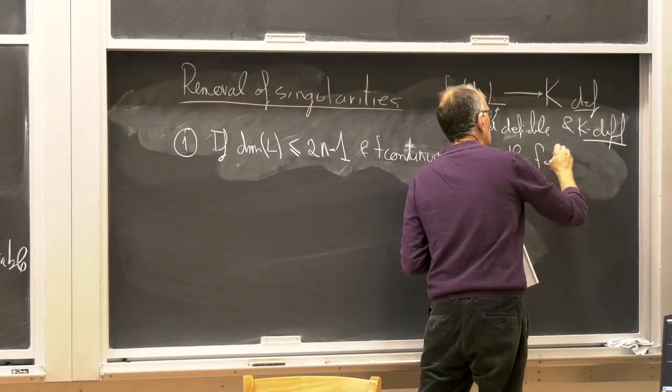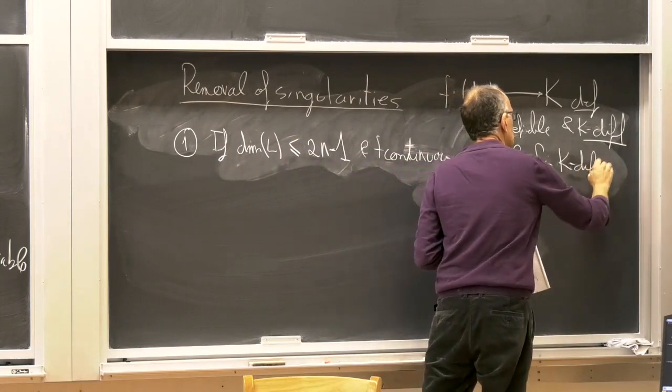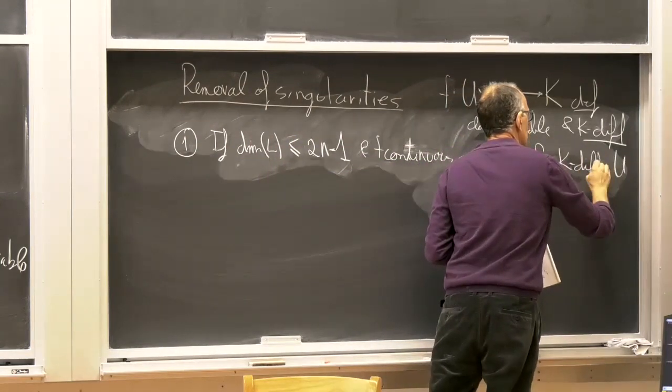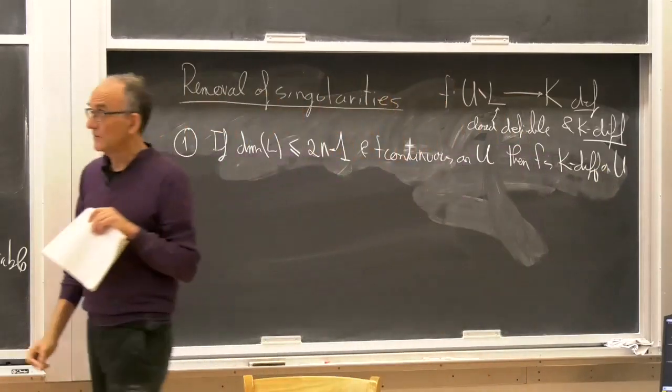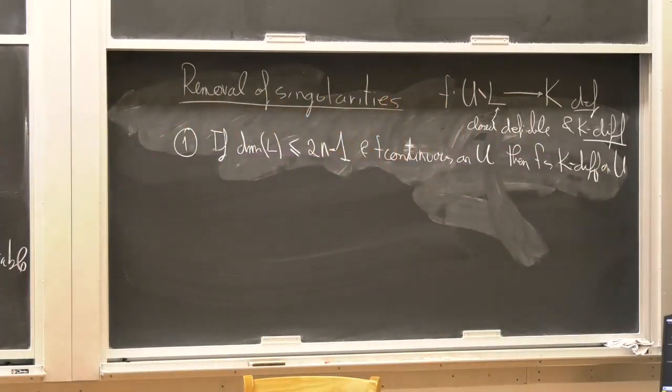Then F is holomorphic. So dimension 1 corresponds to dimension 2n minus 1 in general.